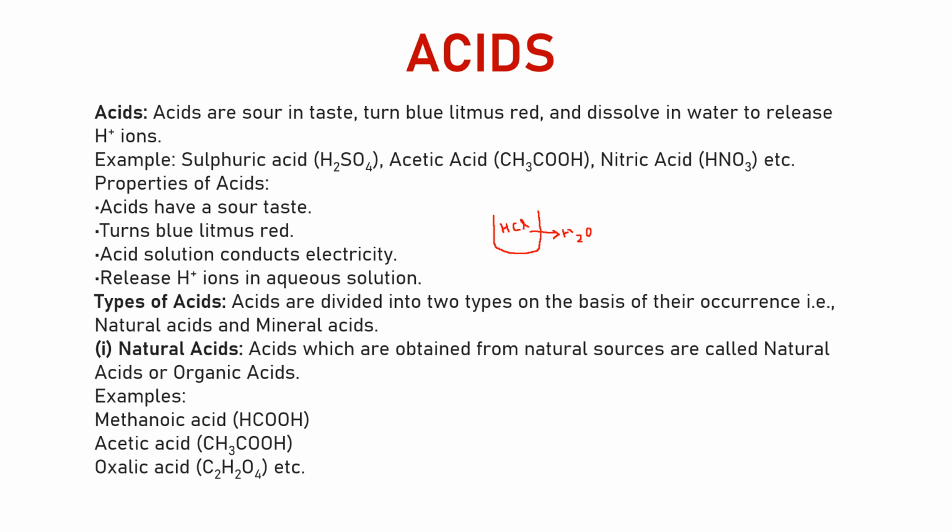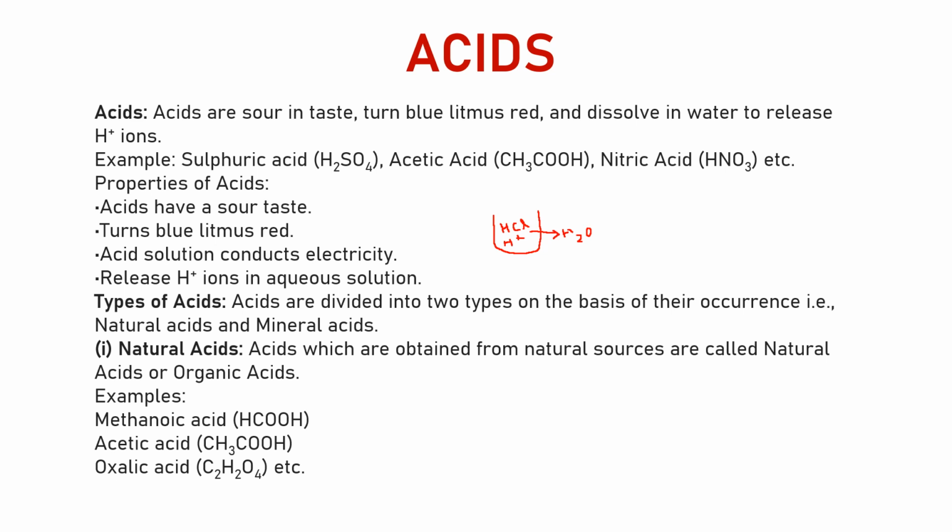Strong acid means every molecule of HCl will dissociate and you will get hydrogen plus ions. So you will get many hydrogen plus ions. Every molecule of HCl will dissociate, divide into hydrogen plus and Cl negative, chloride ion and hydrogen ion.